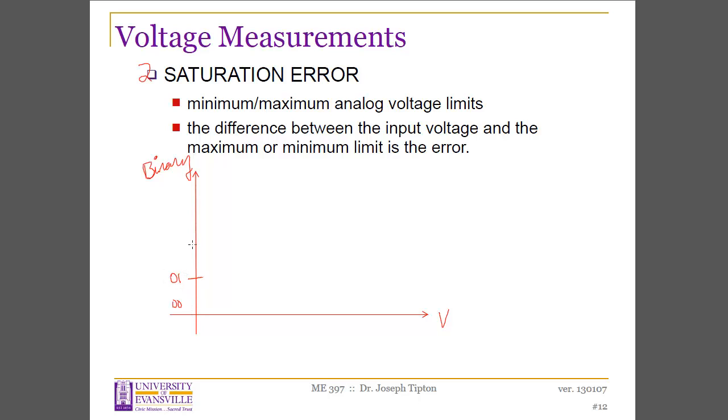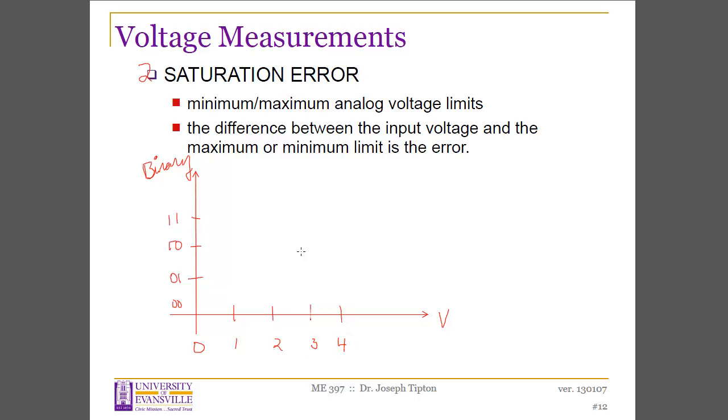There's 0, 1. There's 1, 0. And then there's 1, 1. Then over here on voltages, 0 volts, 1 volt, 2 volt, 3 volt, and 4 volts.